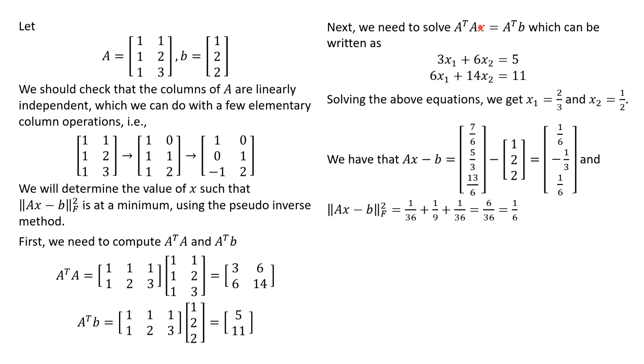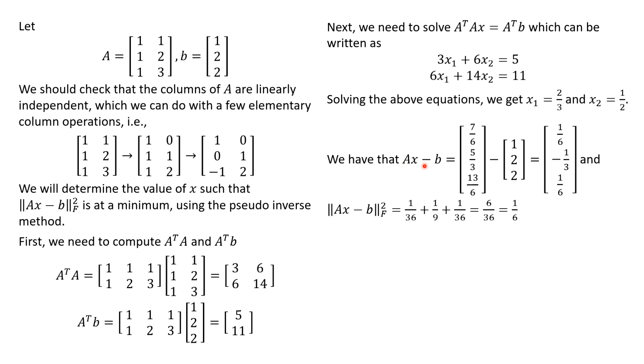These are the coefficients for x, and then this, of course, is 5 and 11. I'll spare you the details, but if you solve this 2 by 2 system, you get x1 equals 2/3, x2 equals 1/2.